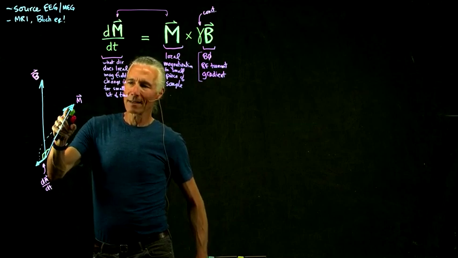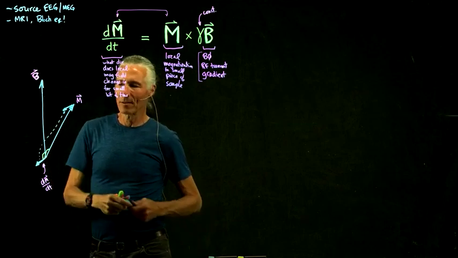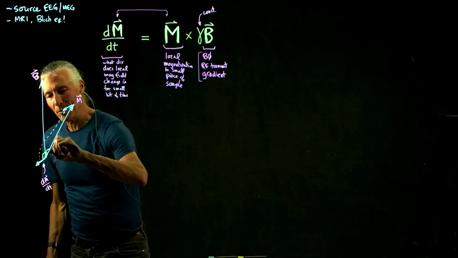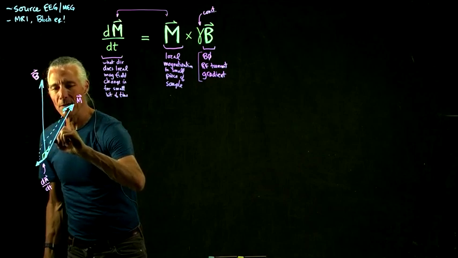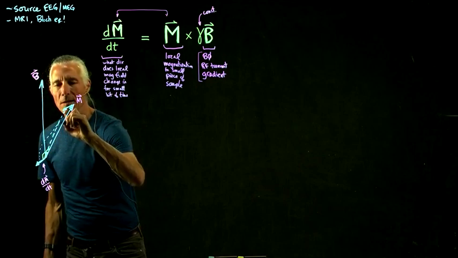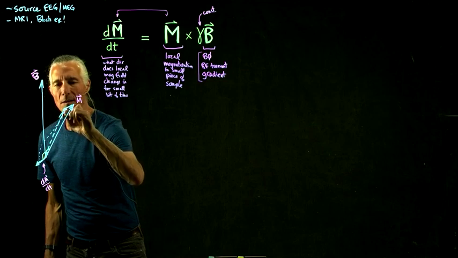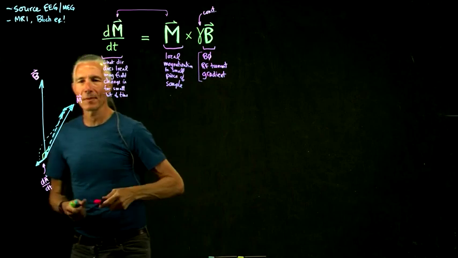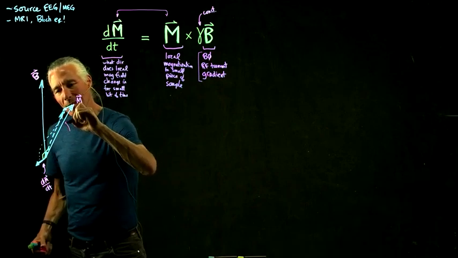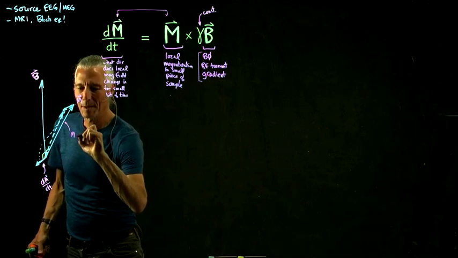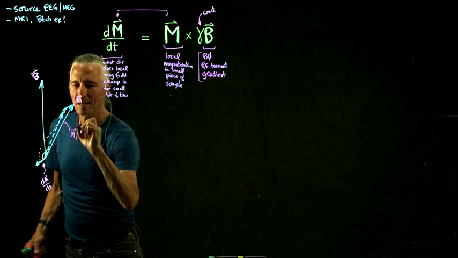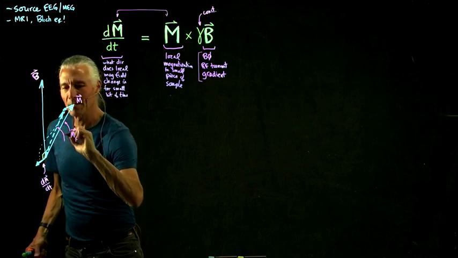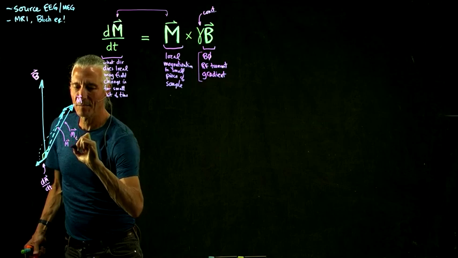If we add that little vector onto the big M vector, then we get our next time point. So this guy was the M vector at time t, and this guy is the M vector at time t plus 1.